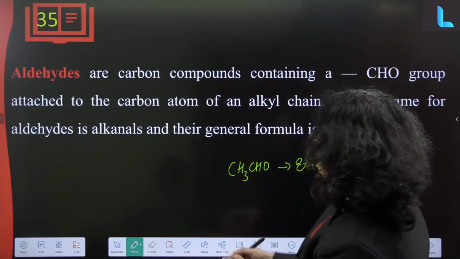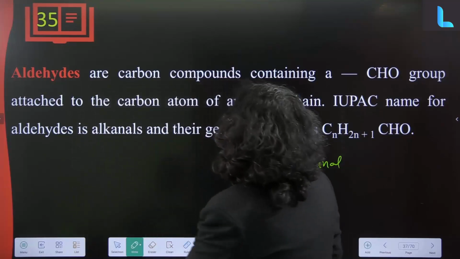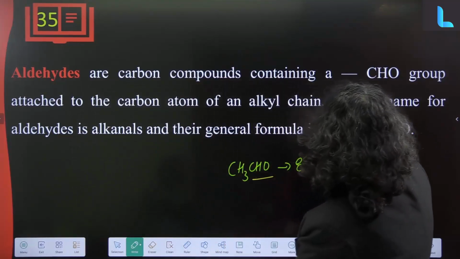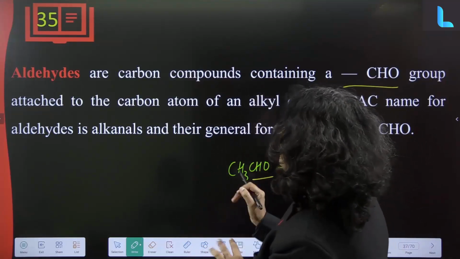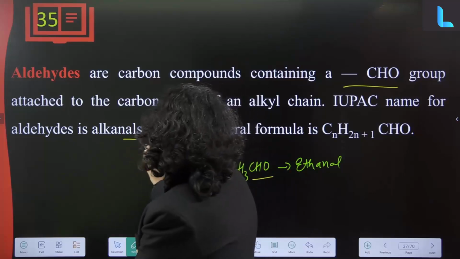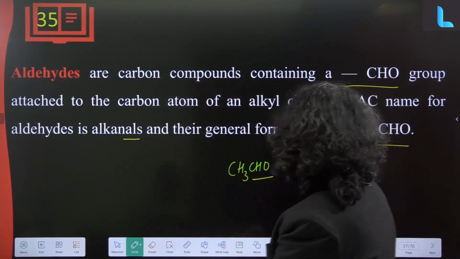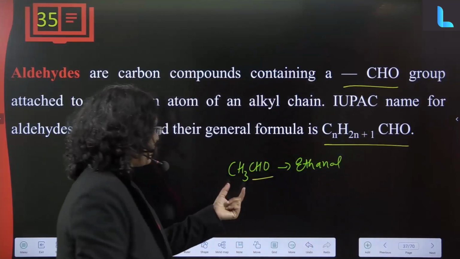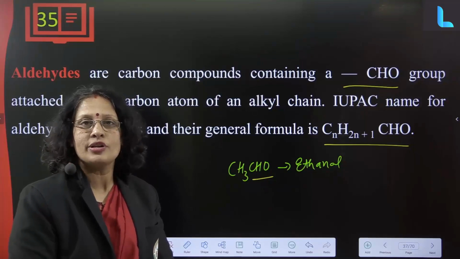Similarly, aldehydes. This is the functional group of aldehyde, the CHO group. Here the carbon compound contains a CHO group attached to the carbon atom of an alkyl chain. The IUPAC name is alkanal, so the end should be with al, and the general formula is CnH2n+1 CHO. For example, I have taken 2 carbons only, so you can understand well.